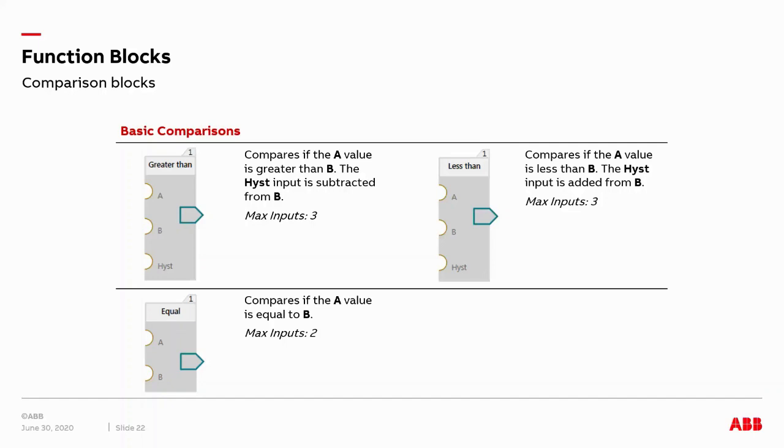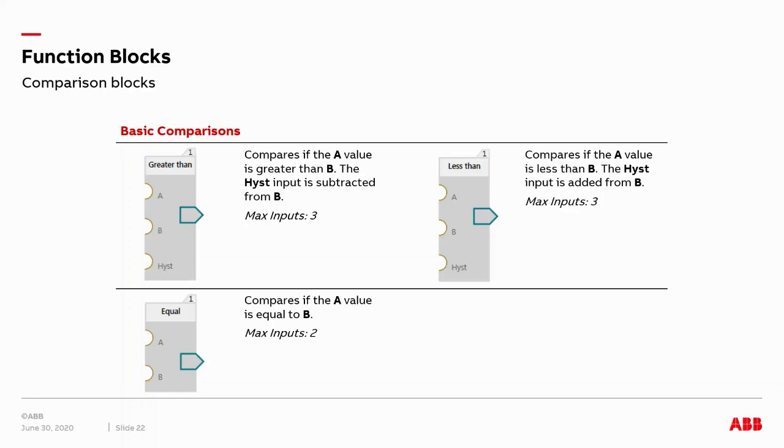I could also tweak that a little bit more and say A equals 5, B equals 6, just a little bit higher, and my hysteresis is 2. I'd essentially be saying now 5 is greater than 6 minus 2, and I would still get a true output from that because 5 is greater than 4. Less than works the same way, but the hysteresis is added to B instead of subtracted.